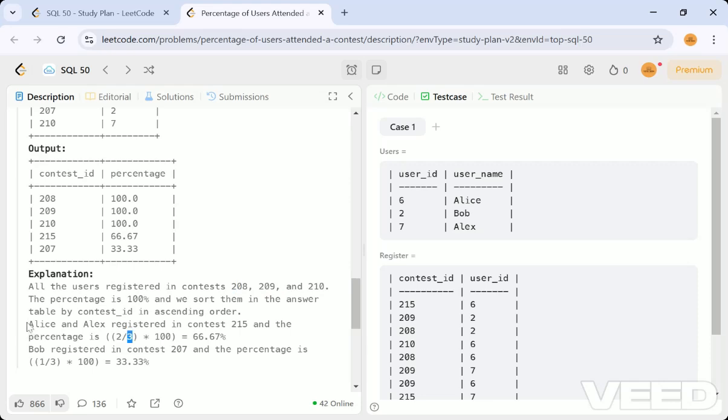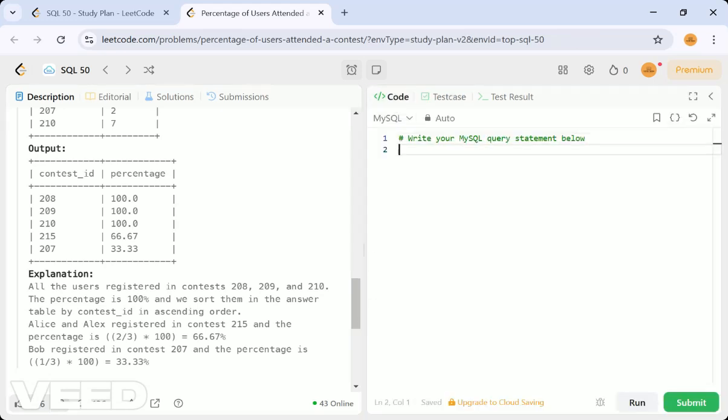Then, how many distinct users have taken this particular contest, that count divided by the total number of contests count into 100, you'll get the percentage. Everything we have to do in the select only, so that we can have that in the group by. Okay, so let's write the query first so that you will understand better.